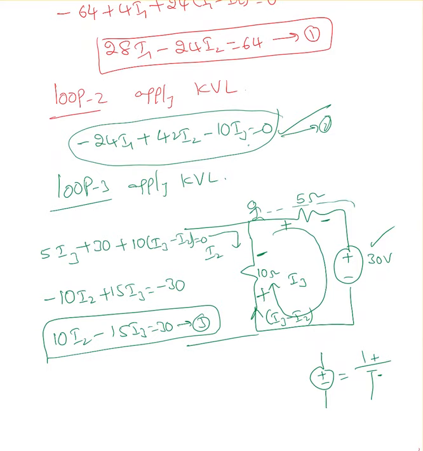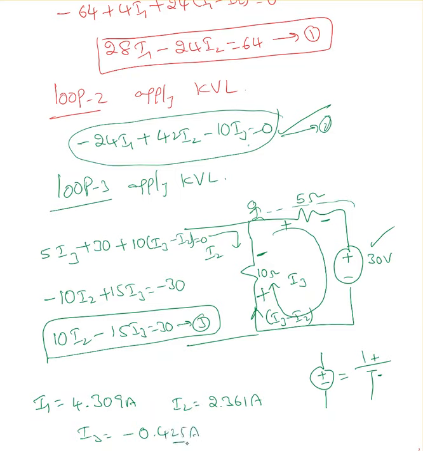I'm not concentrating on how to solve them, but I will give you the answer in a second. I end up finding I1 equal to 4.309 amperes, I2 equal to 2.361 amperes, and I3 equal to minus 0.425 amperes.